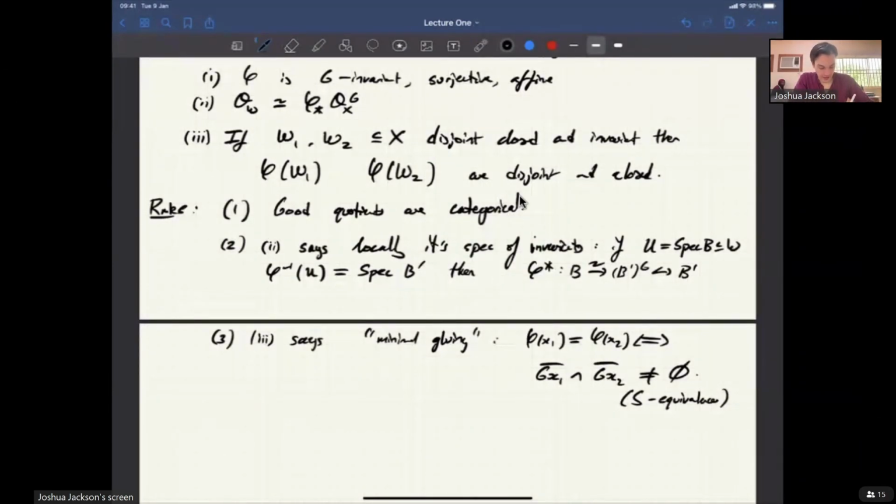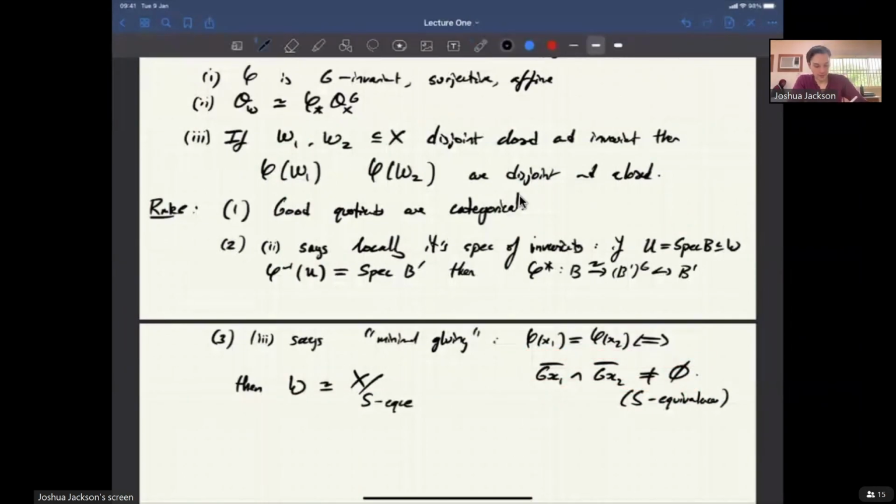Okay, so in this situation, then topologically we have that the quotient is X modulo this relation of S equivalence, which is this. We say two things are equivalent if this is true.